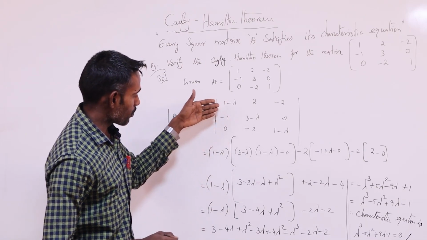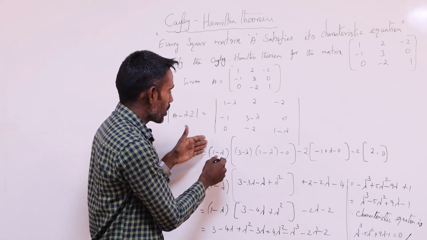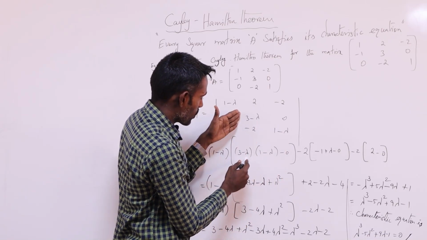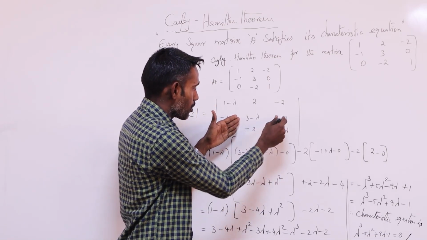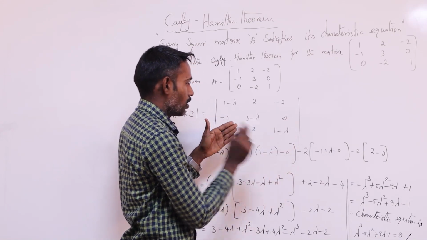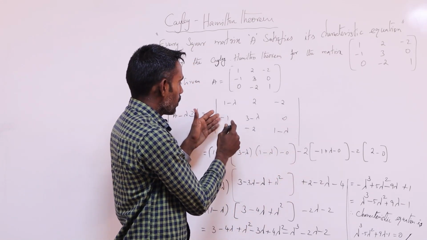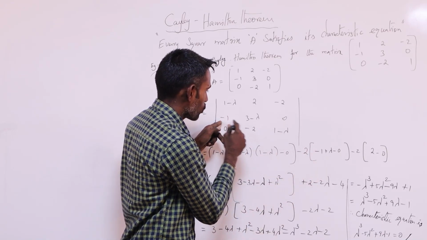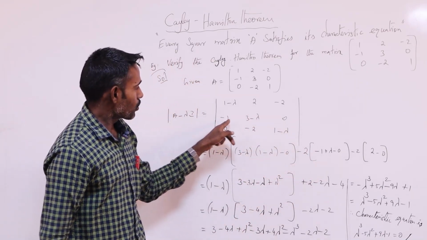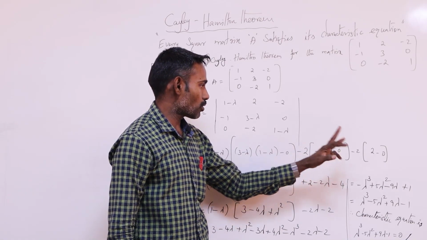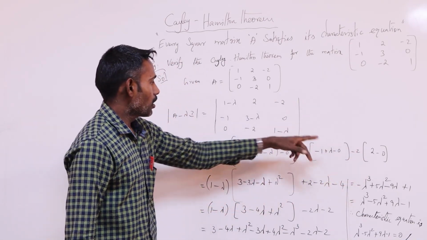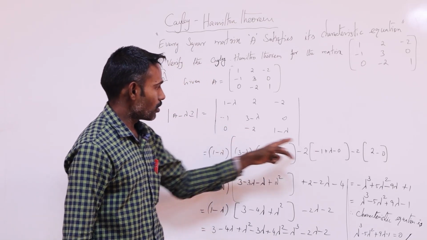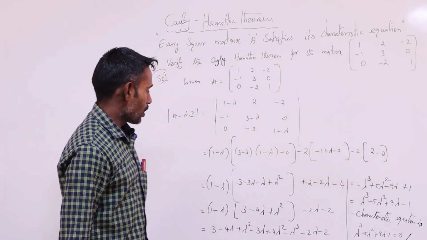Then the expansion: 1 minus lambda times the remaining product, 3 minus lambda into 1 minus lambda, minus 0, minus 2 into minus 1 into 1 minus lambda, so minus 1 plus lambda, minus 0, minus 2 into minus 1 into minus 2 plus 2 minus 0.